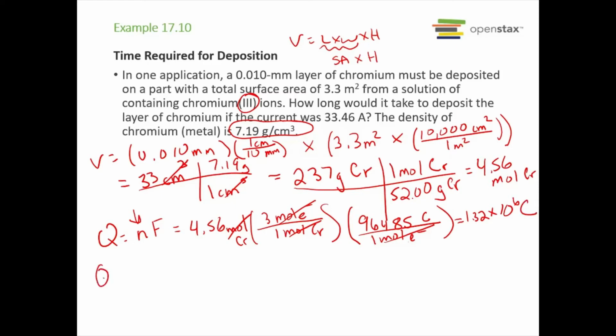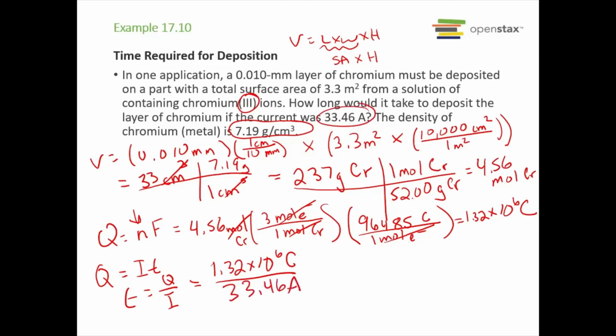And then we know also that Q is equal to I times t, or that t is equal to Q over I. And Q, which we just solved for, is 1.32 times 10 to the 6 coulombs, divided by I, which is the current, and we're told that is 33.46 amps, which an ampere is equal to a coulomb per second.